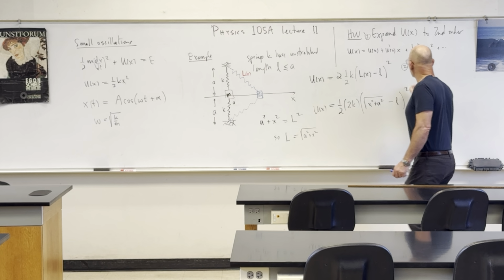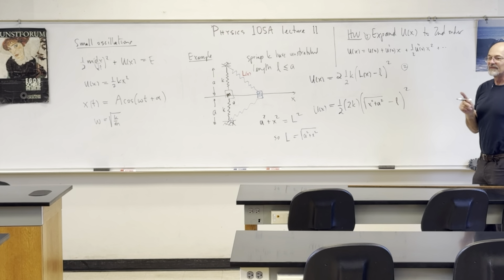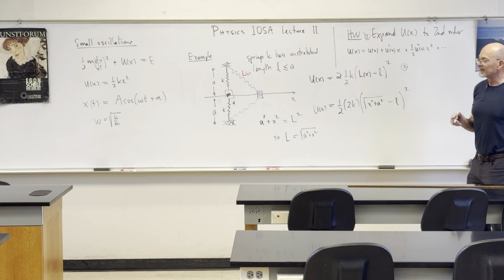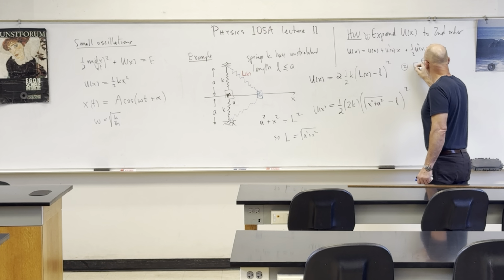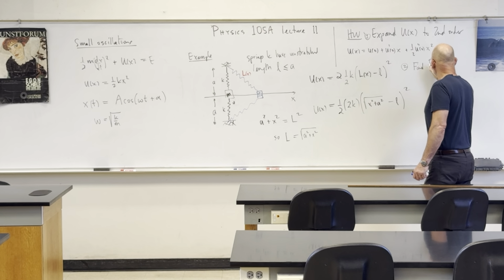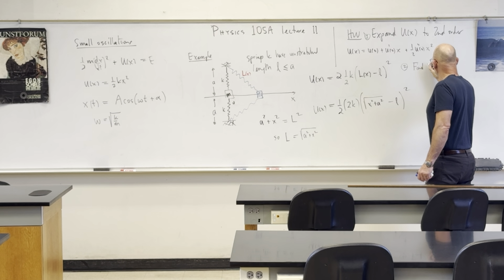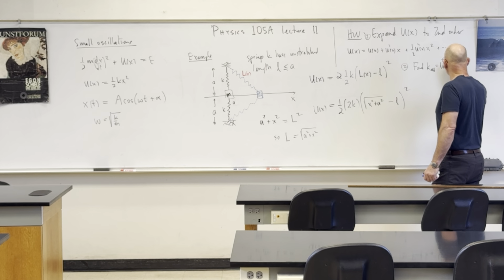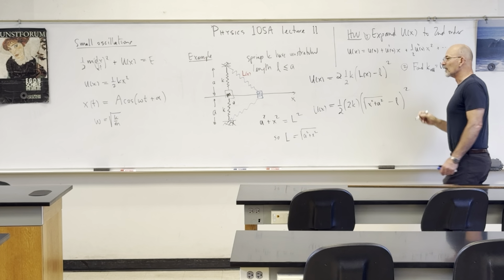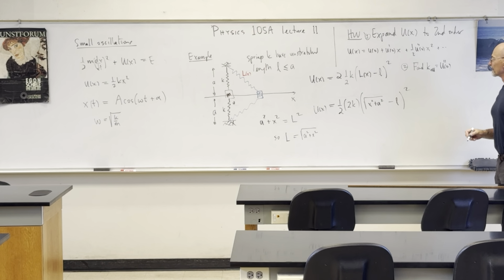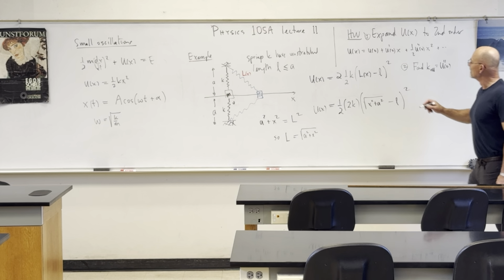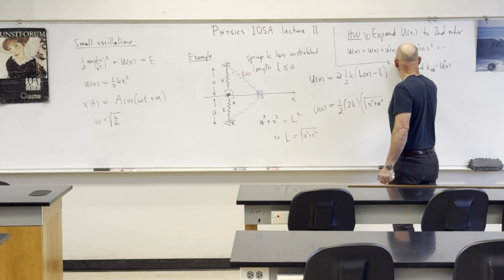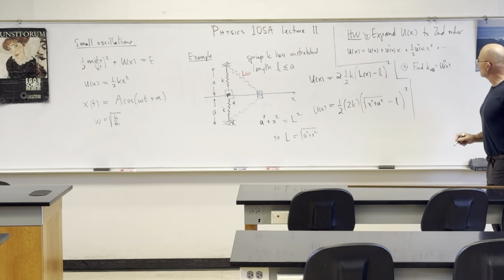And the second thing is to find the effective spring constant. We're just going to call it K effective equals U double prime of 0. What else will we find here?